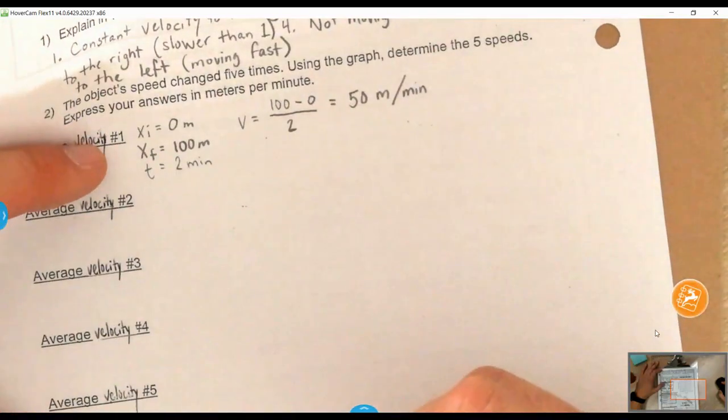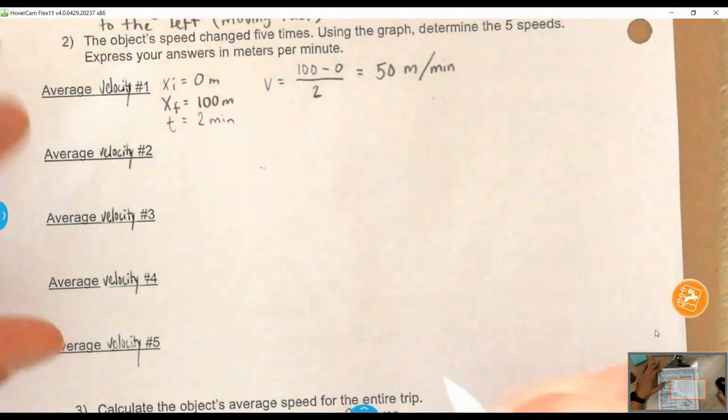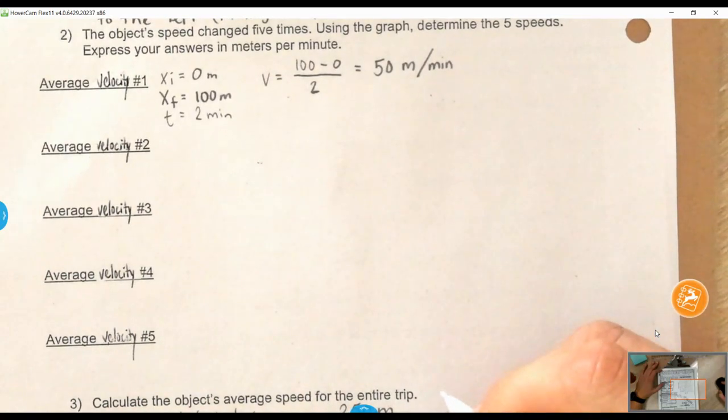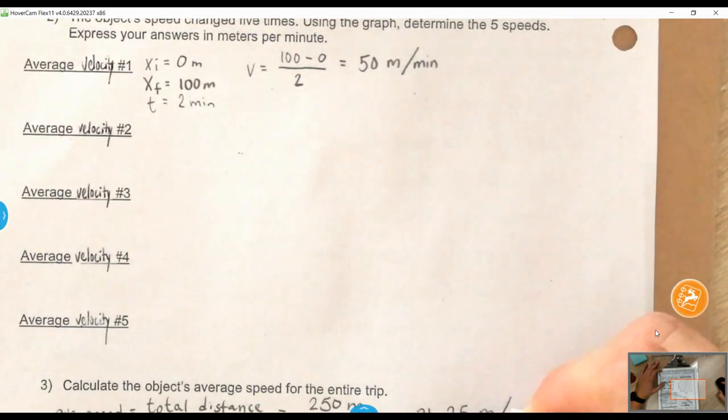So 250 divided by 8 minutes. So, what is it? 31.25. Okay, so we're going to have 31.25 meters per minute.